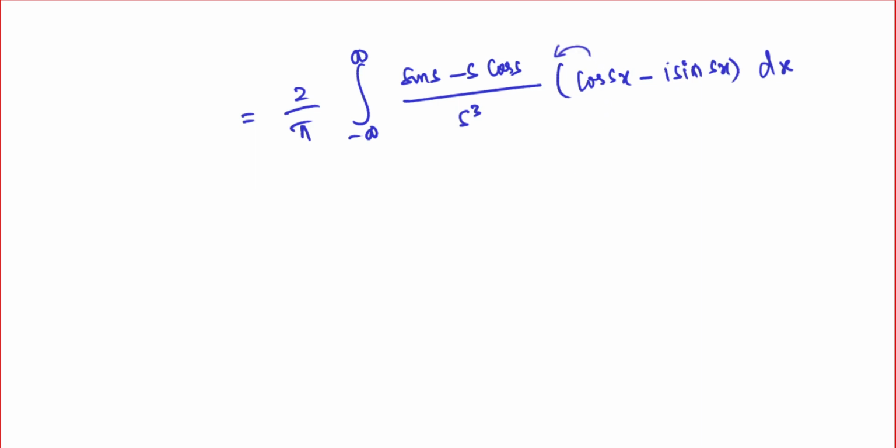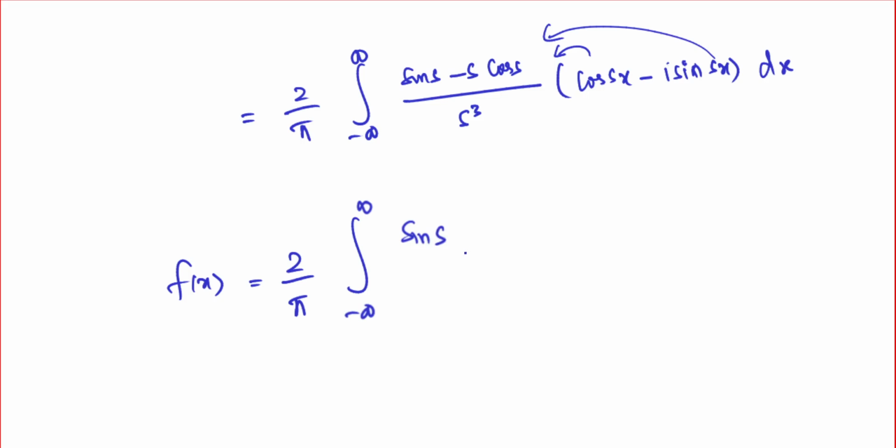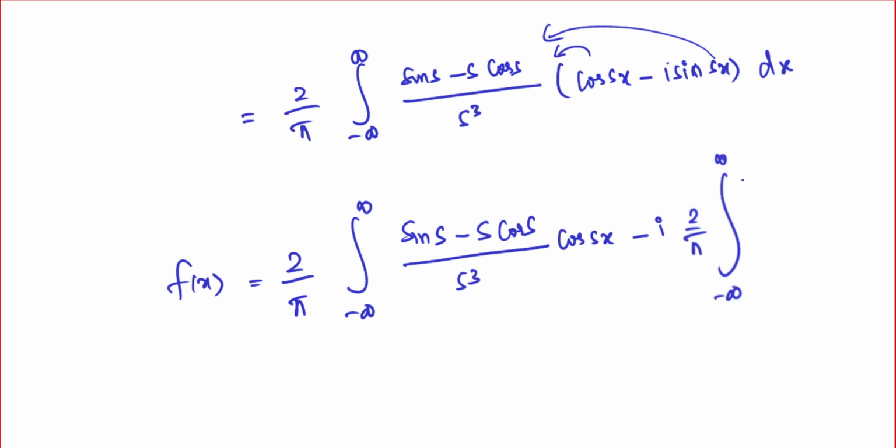So this one you multiply with this and distribute, and hence you get f of x equal to 2 divided by pi into the integral from minus infinity to infinity of sin s minus s cos s divided by s cube times cos sx, minus i into 2 by pi, the integral from minus infinity to infinity of sin s minus s cos s divided by s cube times sin sx dx. Okay, so that's my integration.